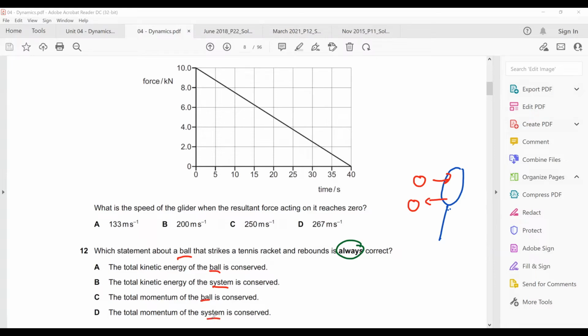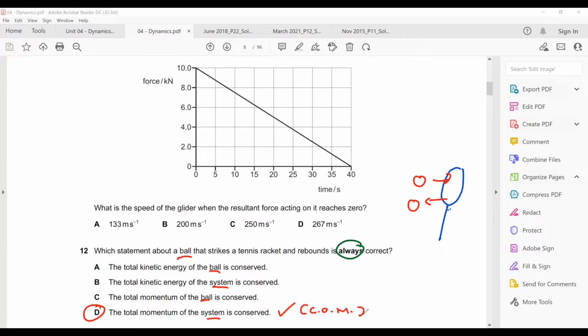Now, total momentum of the system is conserved. Yes, that is correct. The principle of conservation of momentum tells you that total momentum before collision and after collision will always be the same.